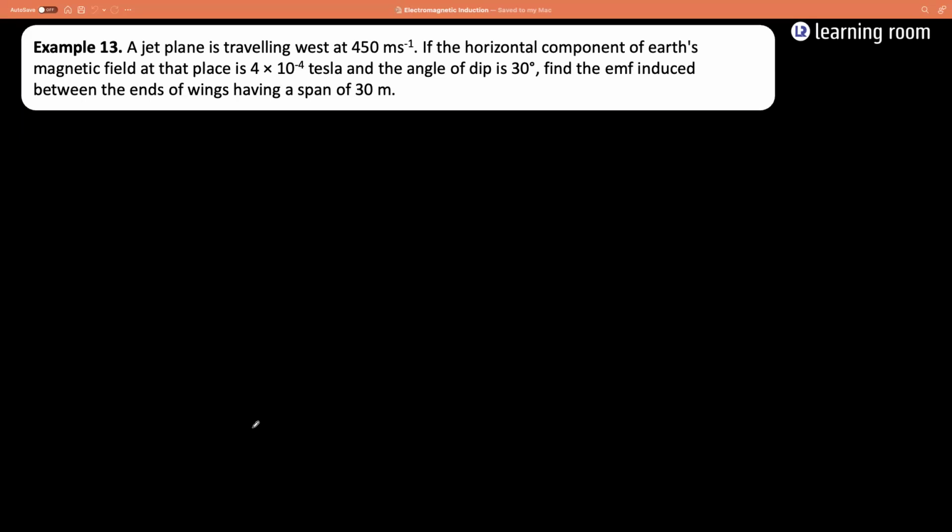A jet plane is traveling west at 450 meters per second. If the horizontal component of the Earth's magnetic field at the place is 4 into 10 power minus 4 Tesla and the angle of dip is 30 degree, find the EMF induced between the ends of the wing having a span of 30 meters.